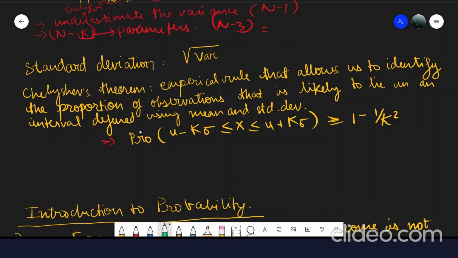So this is how the formula goes. The proportion is given by mu minus k sigma, where mu is the mean and sigma is the standard deviation, and k is a constant, and the proportion will always be greater than or equal to 1 minus 1 by k square.